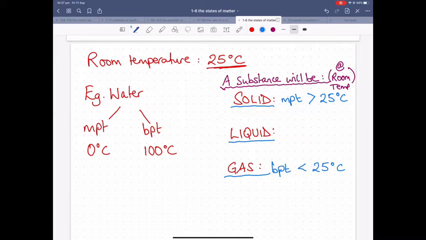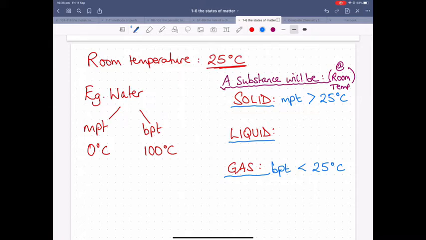Some people prefer to look at it that way, so that's what I'm going to write down. But if you prefer to say once more that the melting point is below room temperature and the boiling point is above room temperature, then it's going to be a liquid. If you prefer that, no problem. That's what you can write down. If you want, you can write both down.